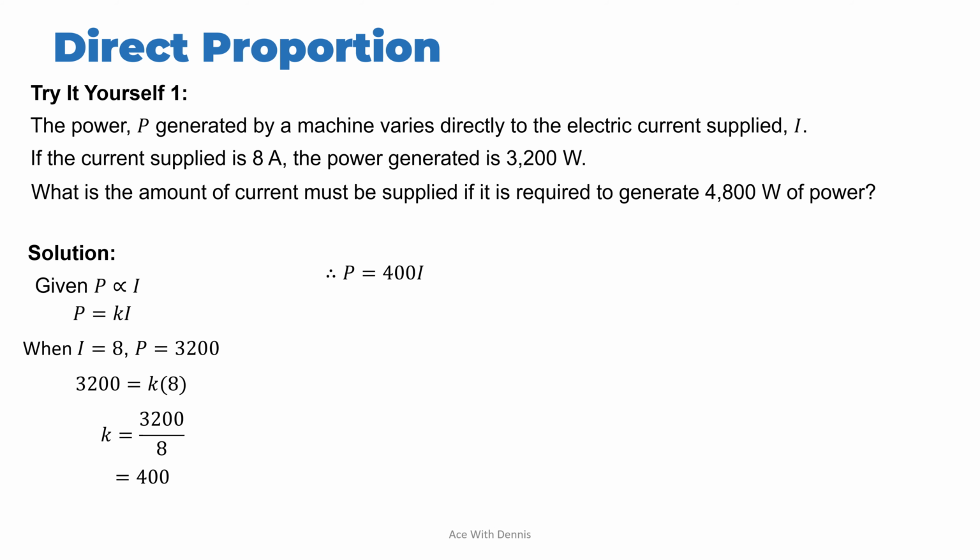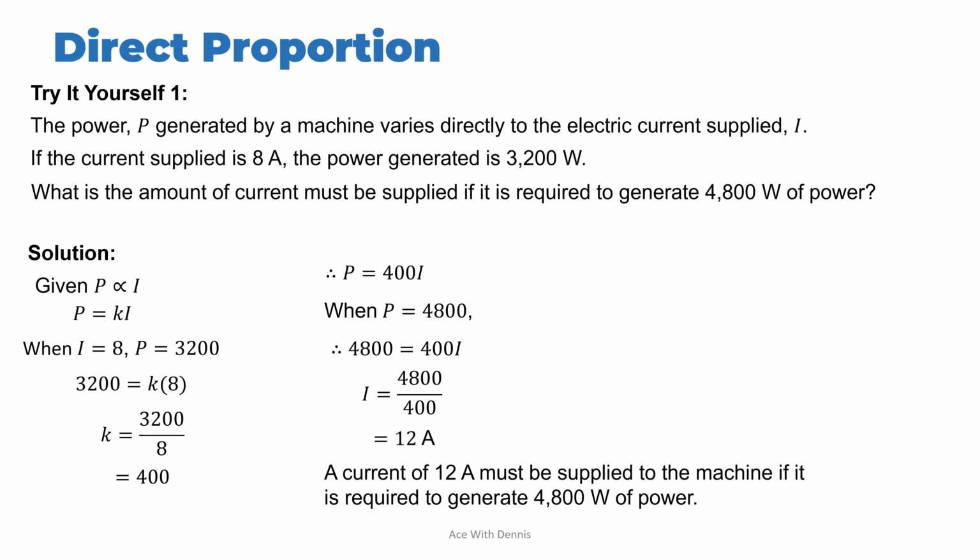So we rewrite the equation: P equals 400I. When P is 4800, the equation becomes 4800 equals 400I. I will be 4800 divided by 400, and it is 12 amperes. Hence, a current of 12 amperes must be supplied to the machine if it is required to generate 4800 watts of power.